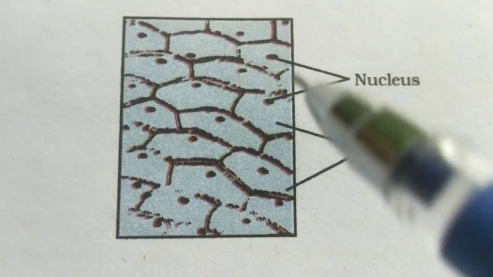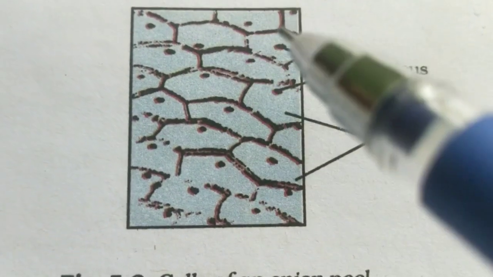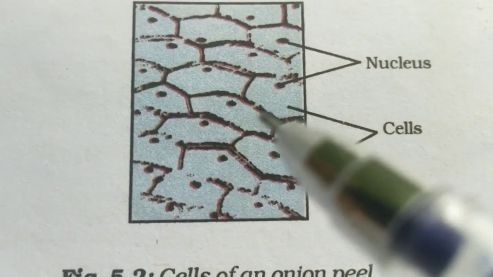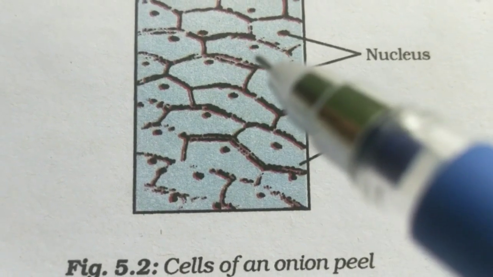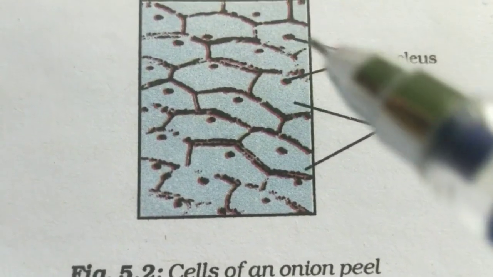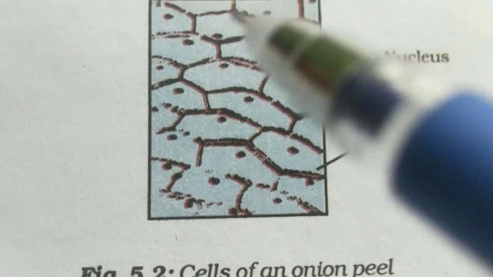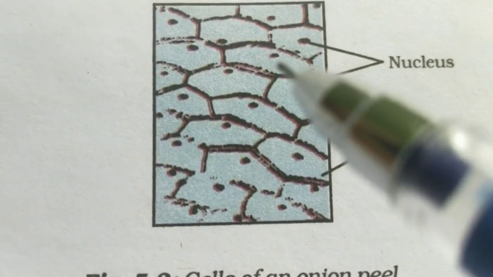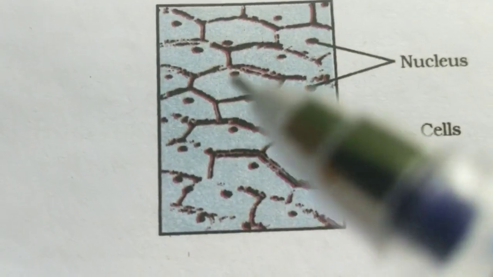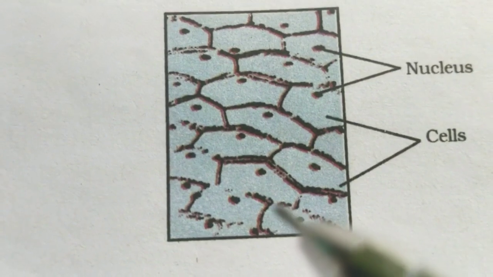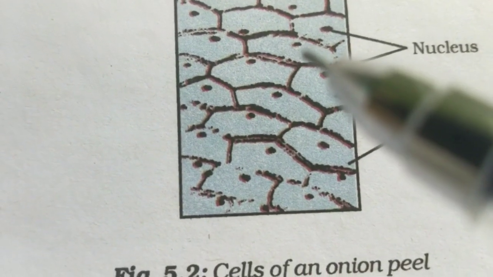We can see in this small piece of peel many blocks or many small compartments, and each compartment is nothing but a cell. These compartments are small rooms. These are nothing but the cells. So all living organisms are made up of small units. Those are nothing but the cells.